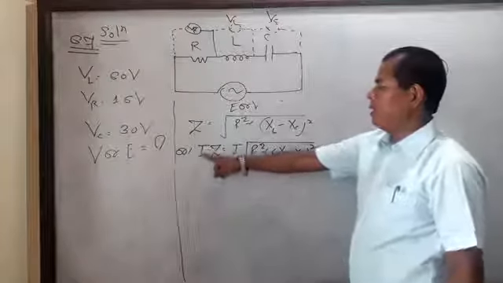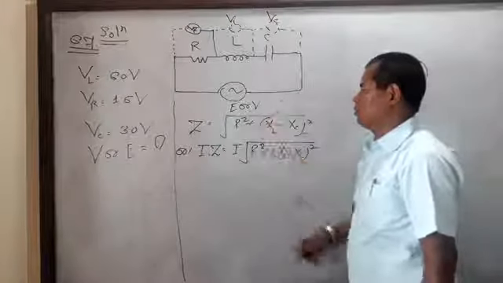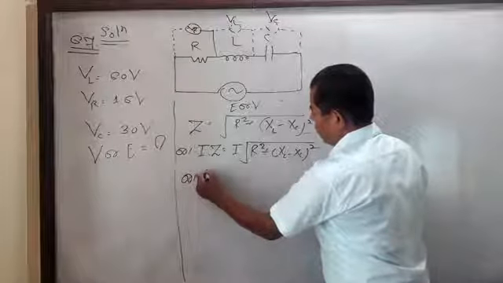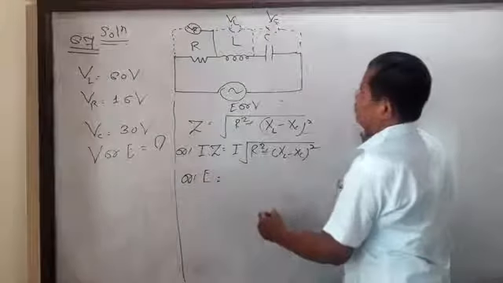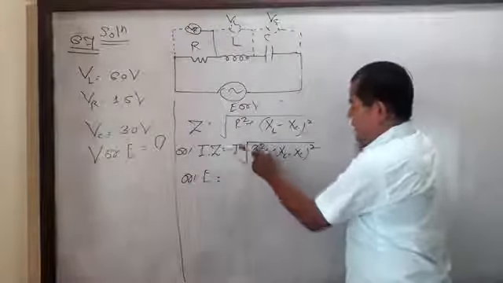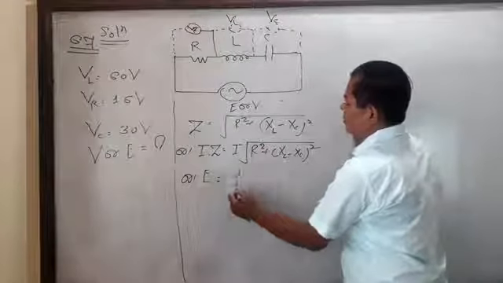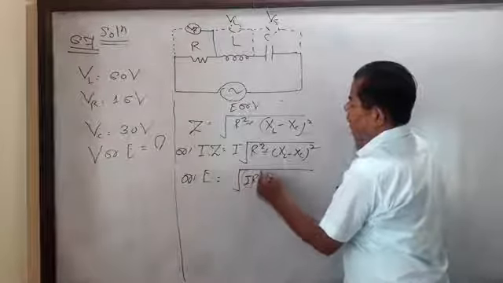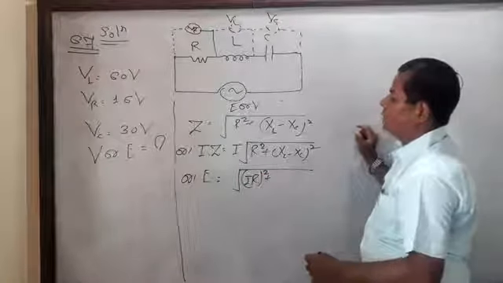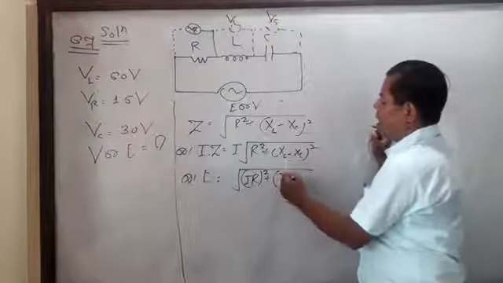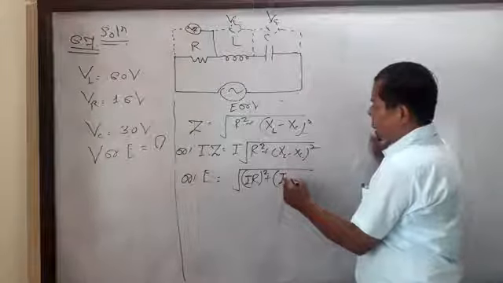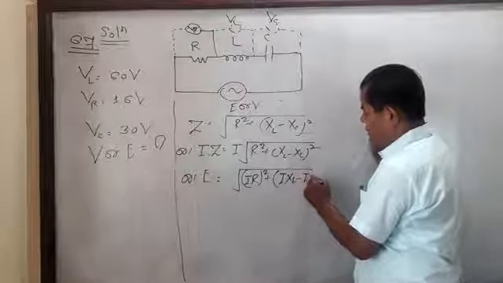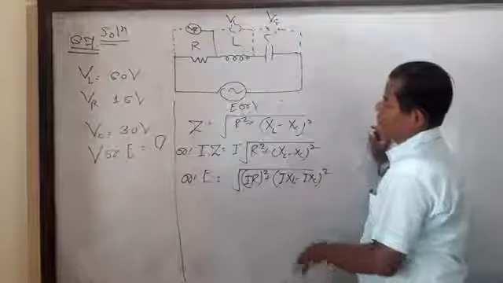Multiplying by I on both sides, I into Z is equal to E or V. Taking this I inside the square root, it becomes root of (I into R) whole square plus (I into XL minus I into XC) whole square.